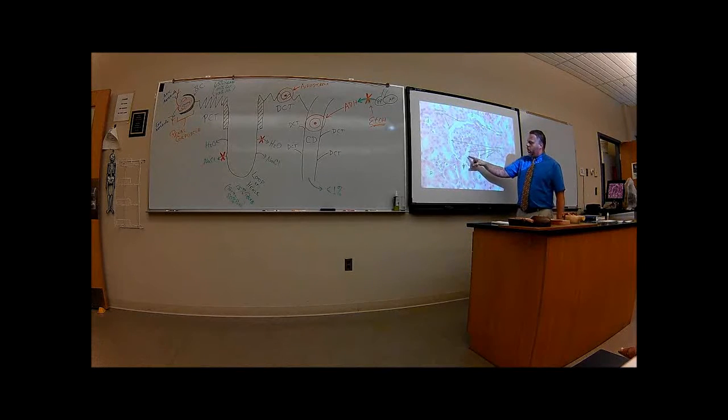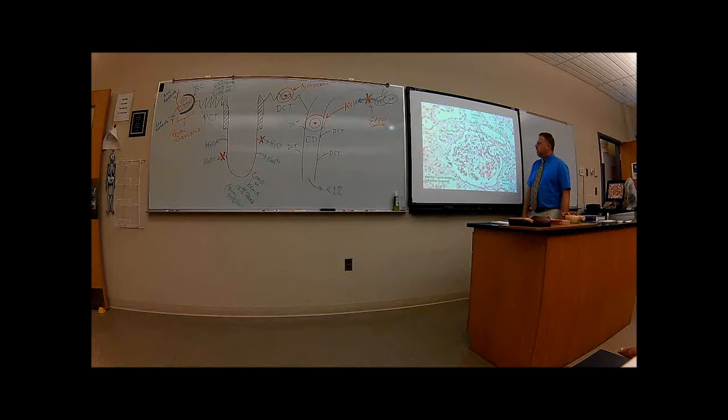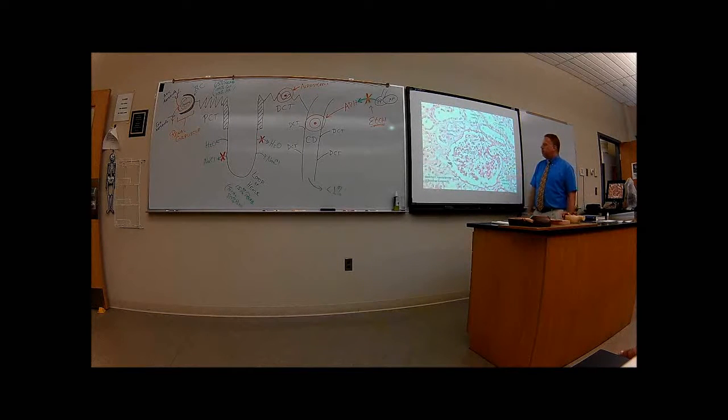This one is pretty good because I've never seen it like this except in this picture from online. But here's where a PCT is. Okay? You'll see here Bowman space or urinary space around here. Okay? See how it looks like it's dangling? All right? So that's the glomerulus.